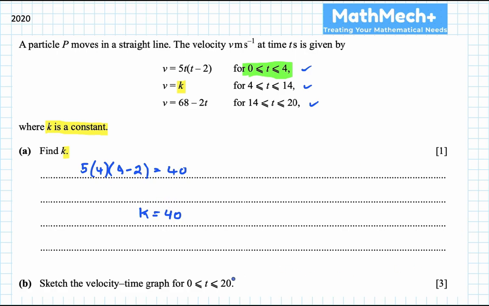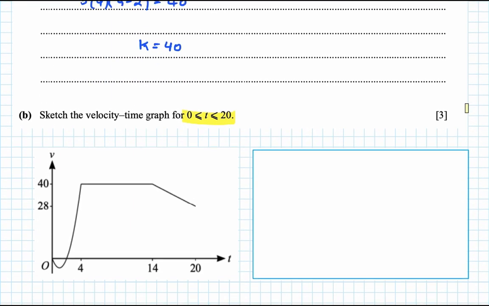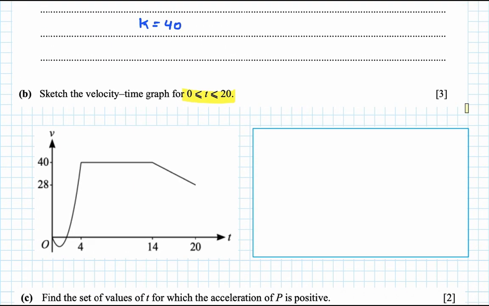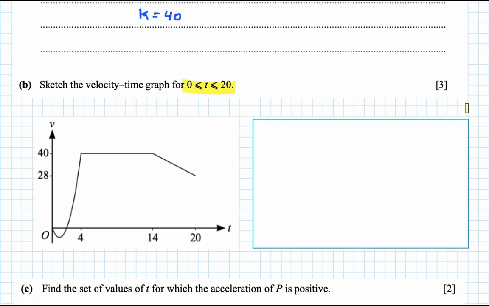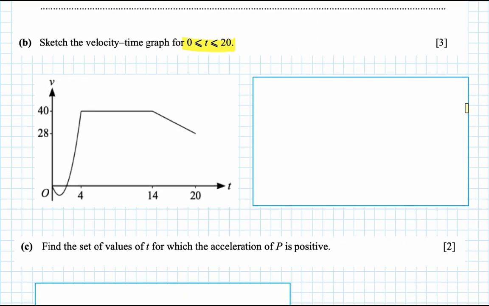And we look at our graph next. We've just sketched a velocity time graph for this. So what I've just told you, the quadratic first, then a constant, and then a linear graph comes next. From 0 to 4 seconds, we had the quadratic, and we didn't have a constant in it, so it starts from the origin, from 0.